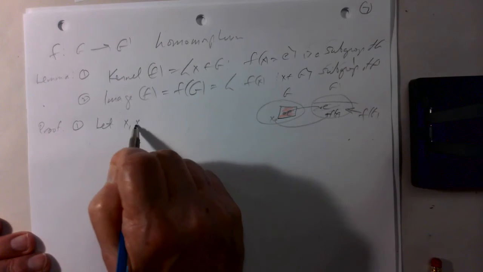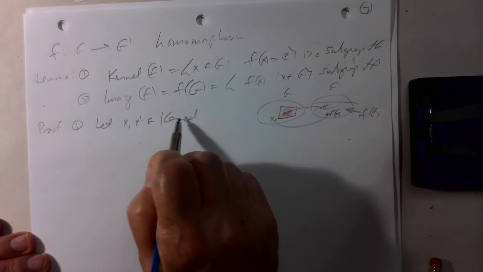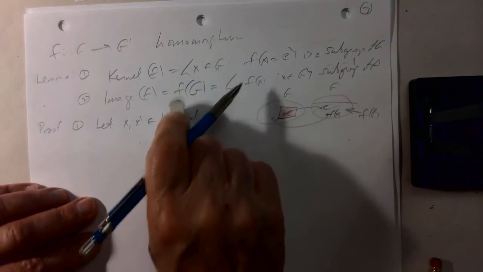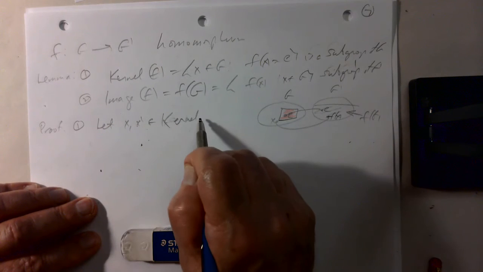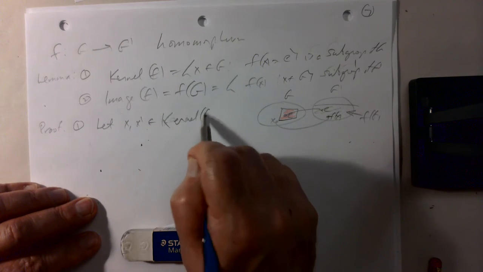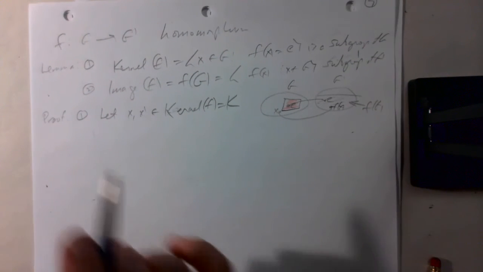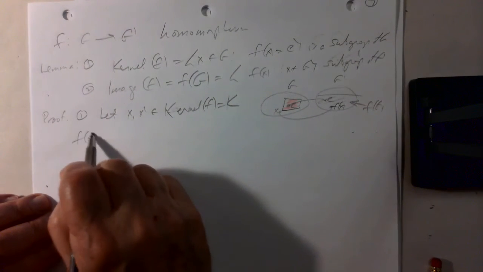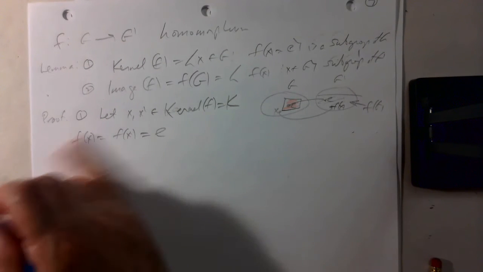So let x and x prime be in the kernel of f, which I'll call k. That means f of x and f of x prime both get mapped to the identity.